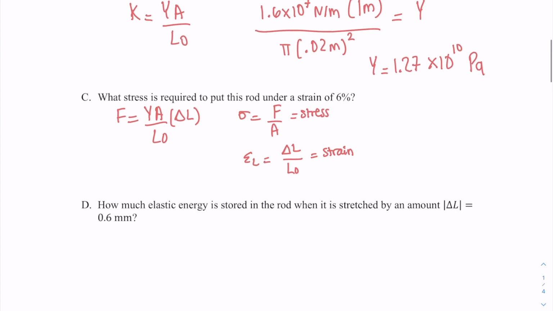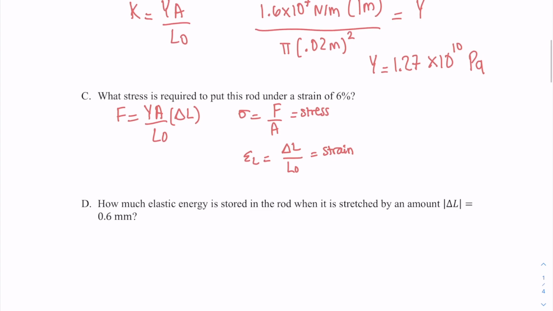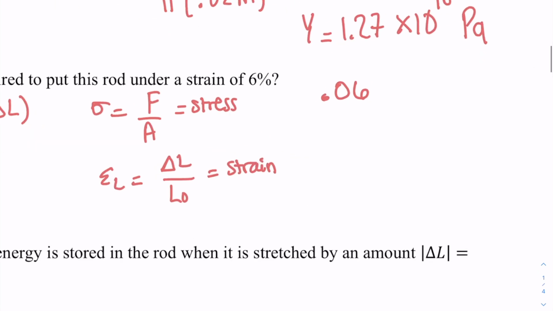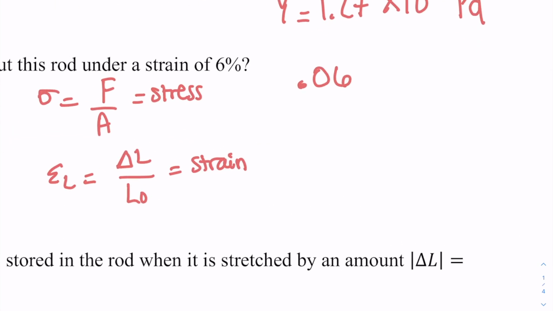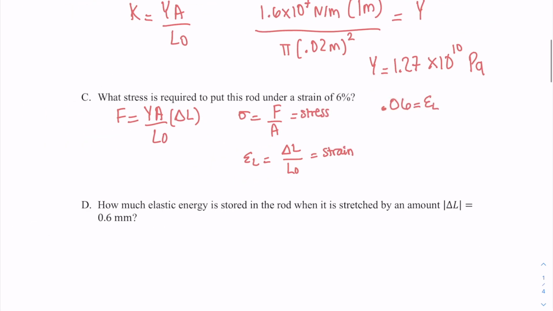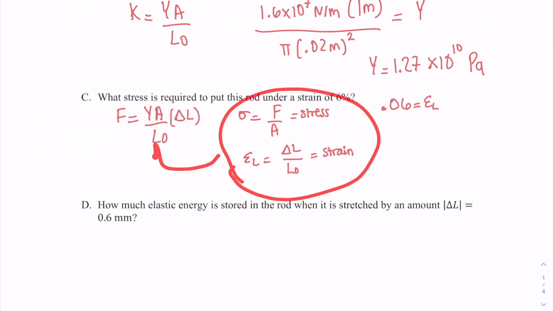So for part C, when they're asking what stress is required to put this rod under a strain of 6%, well, we look at what is the strain. Strain is 6%. 6% is defined as 0.06, so we know that component is 0.06 for the strain, or the epsilon L here. With these components, we can rewrite this equation.